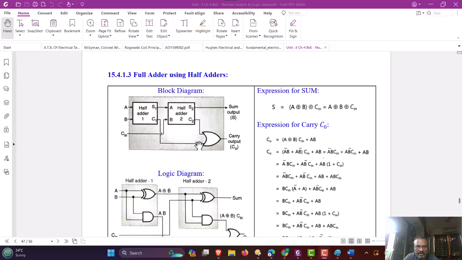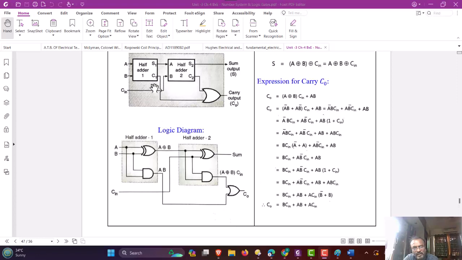So ultimately you are getting the sum of 3 bits, and the carry from the first half adder and the carry from the second half adder are ORed together, giving the final carry output for the full adder. So we have implemented logically, using this block diagram, the full adder using two half adders.